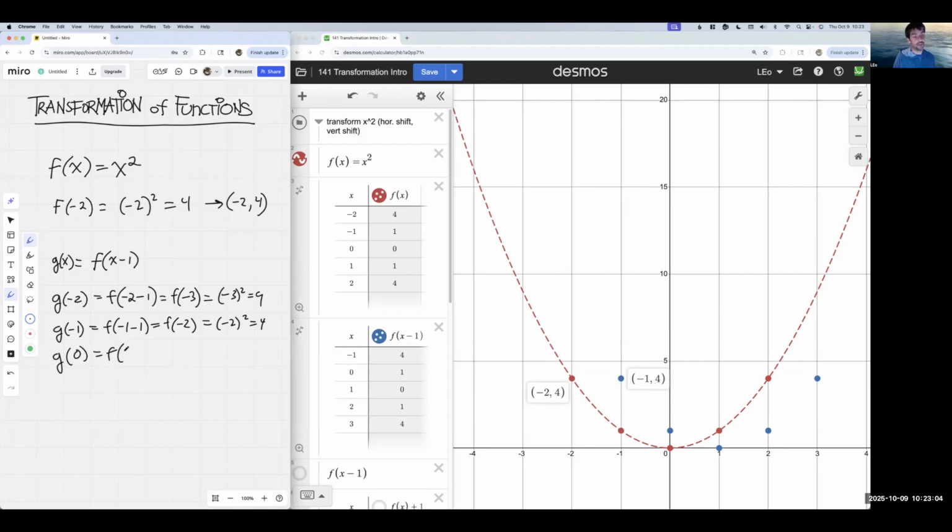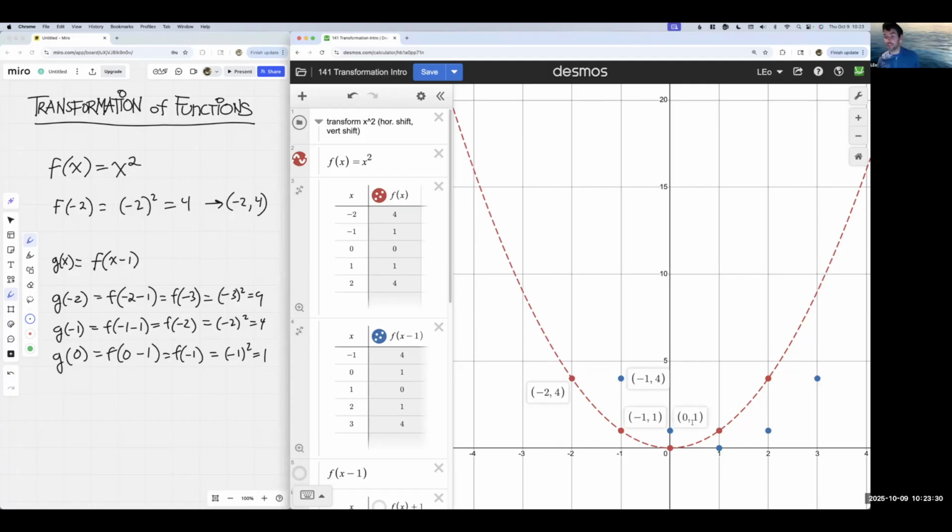This is f of 0 minus 1, or f of -1, or -1 squared, or 1. So the output when we do g of 0 is the same as the output of f of -1. On our graph, that's these two points. The input -1 and the output for f was 1. The input of 0 also gave us 1 for this new function that I called g of x.